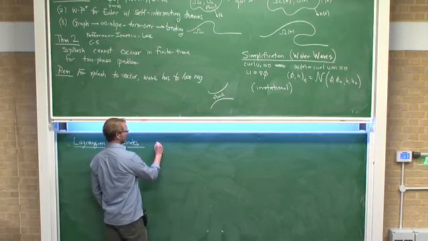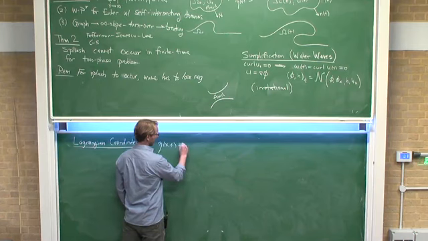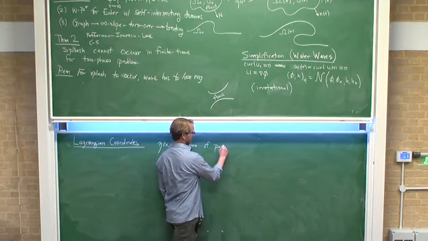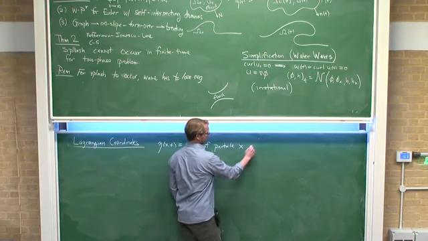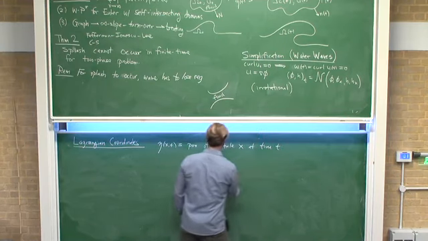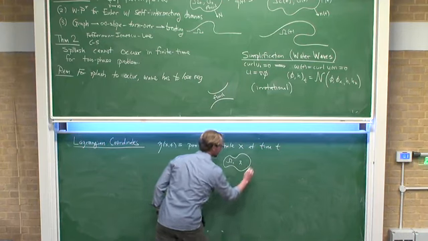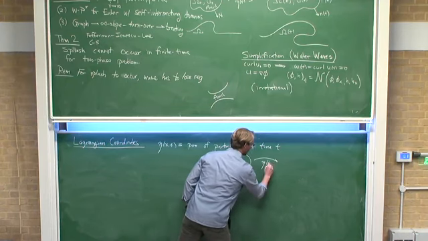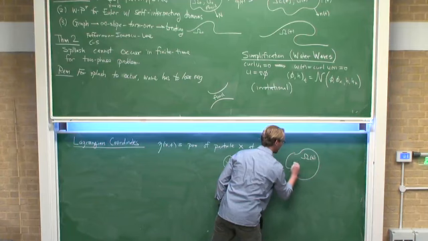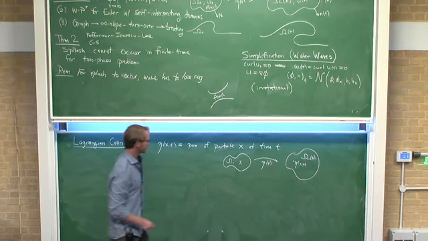My Lagrangian coordinate I denote by eta. So eta of x comma t is the position of particle x at time t. The picture is that here's omega 0, here's particle x, and eta of t maps you to this moving domain omega of t, and here's eta of x comma t, the image of this.